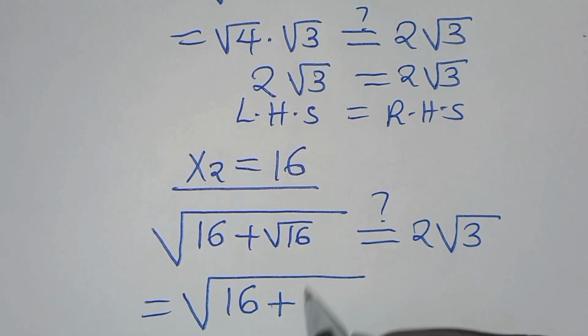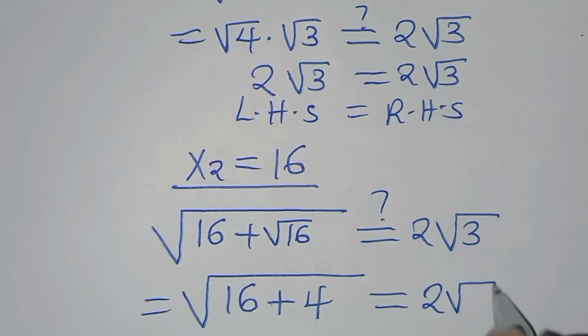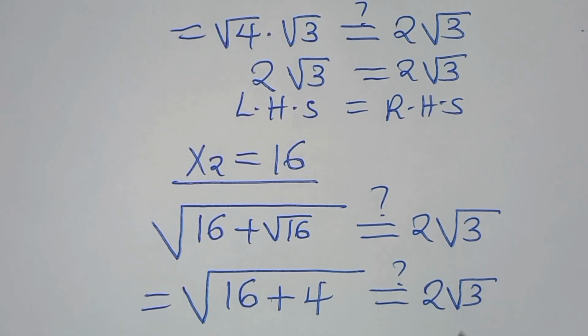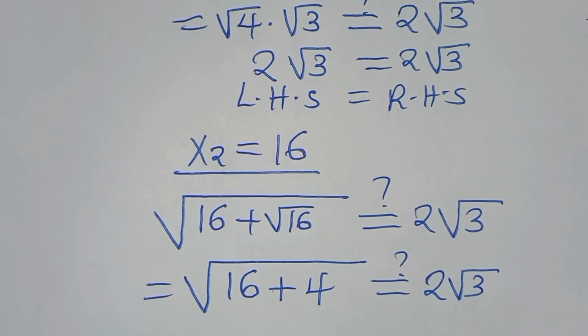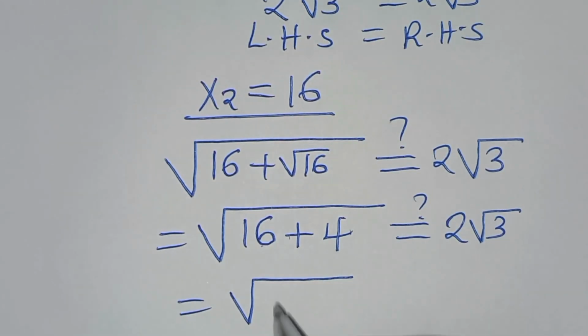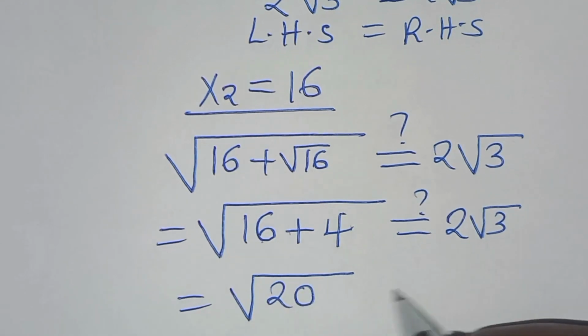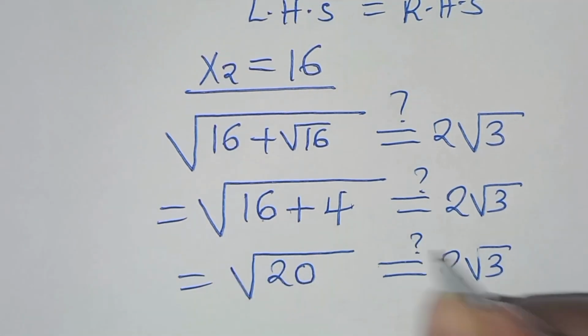This is actually equal to 4. This should give us a value of 2 square root of 3. And therefore from here, we have the square root of 16 plus 4. And this is equal to 20. This should give us a value of 2 square root of 3.